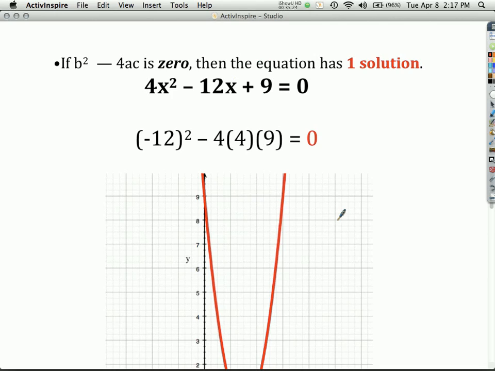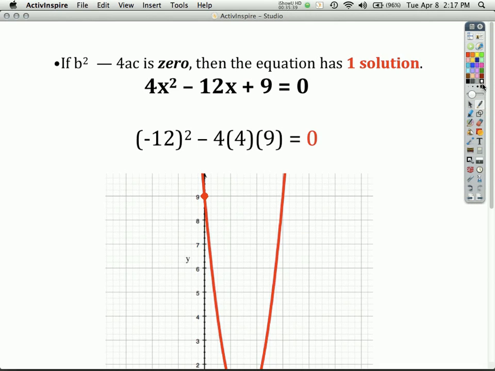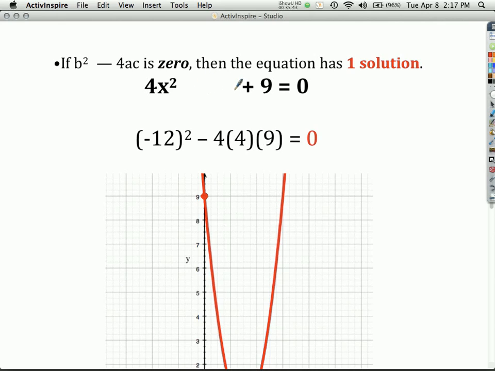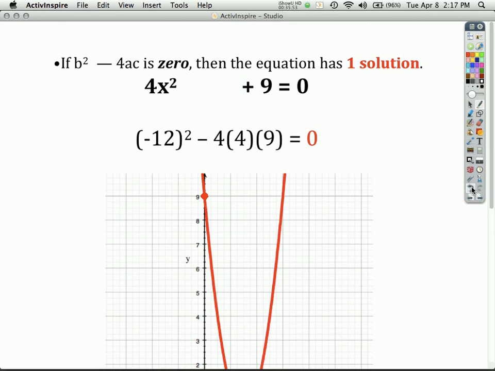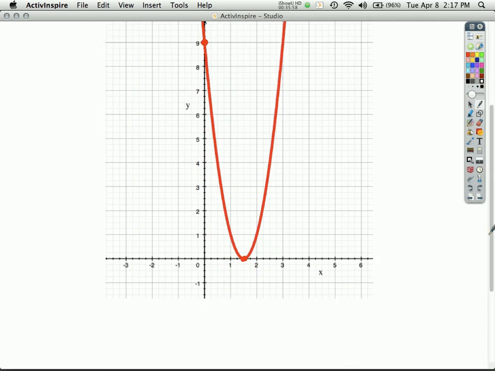Look at the graph again. 9, 9. The C value is the location where the graph crosses the y-axis. When there's no middle term, if we were to take this out, the vertex would be on the y-axis, which means the vertex and the y-intercept become one and the same. When there's a middle term, it's different. Okay? Very good. It's a good question.